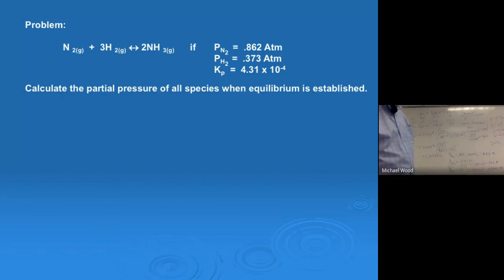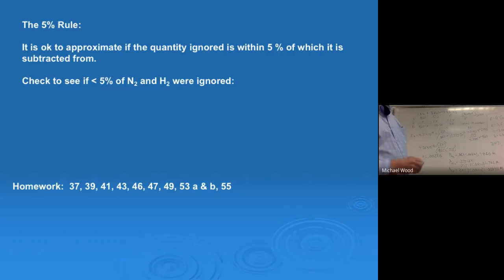Now here is what you can do at the end. This is called the 5% rule. So up front, you could do this ratio I'm talking about.